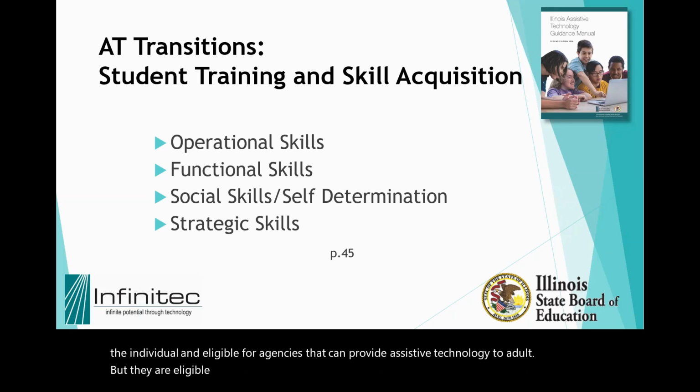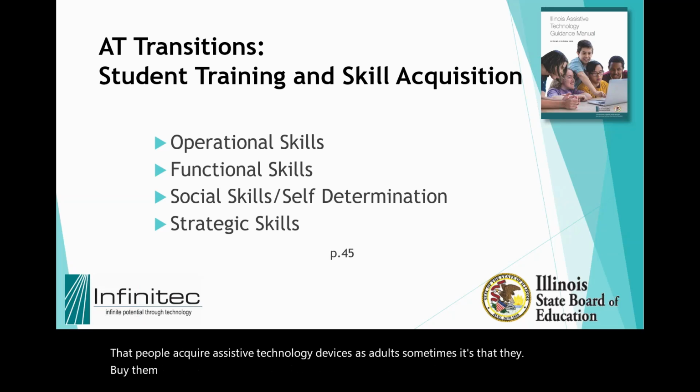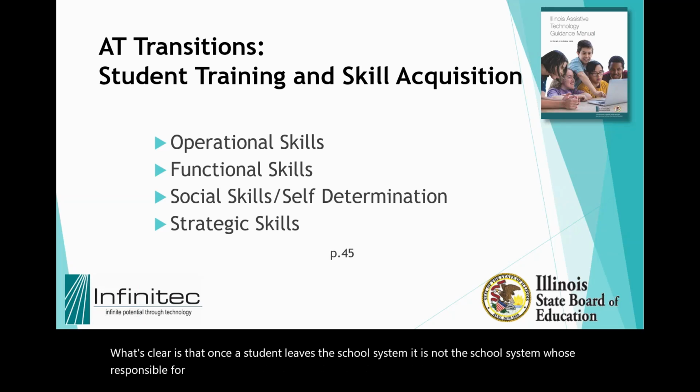But there are a million ways that people acquire assistive technology devices as adults. Sometimes they buy them themselves, sometimes it's insurance. What's clear is that once a student leaves the school system, it is not the school system who's responsible for the provision of the assistive technology.